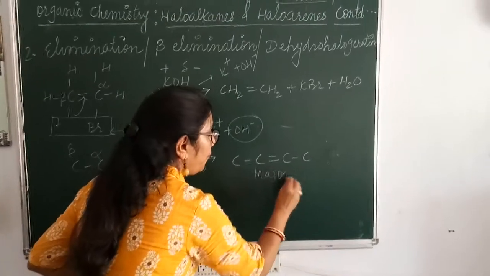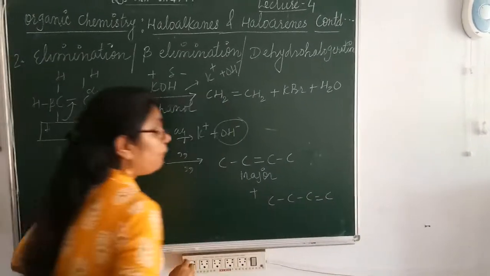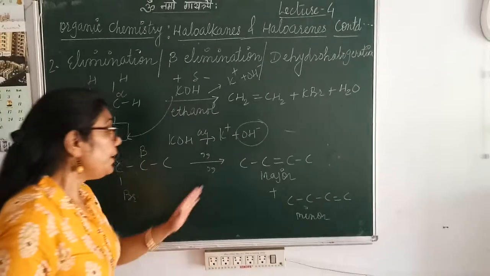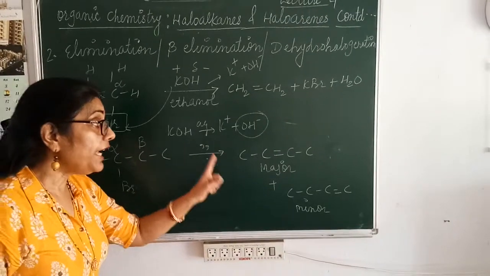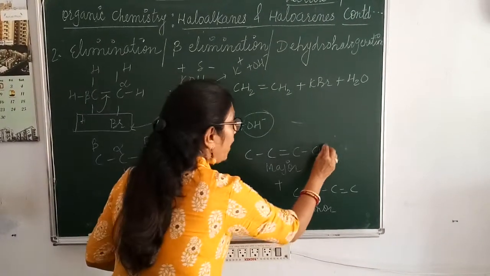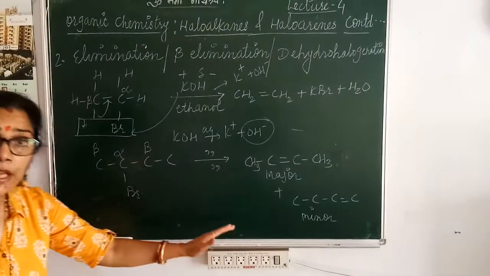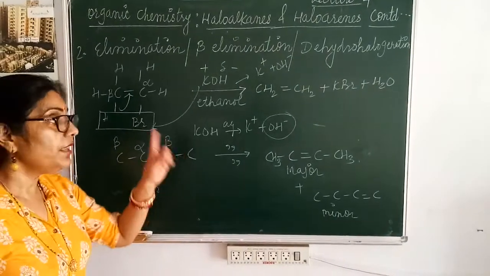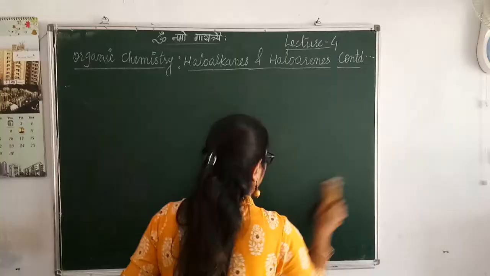And why is it so? Why is this major? But-1-ene is minor, whereas but-2-ene is major. Because greater the number of alpha hydrogen atoms, more is the extent of hyperconjugation, and more the extent of hyperconjugation, more stable is the alkene and vice versa.